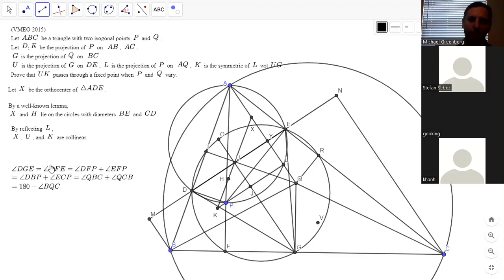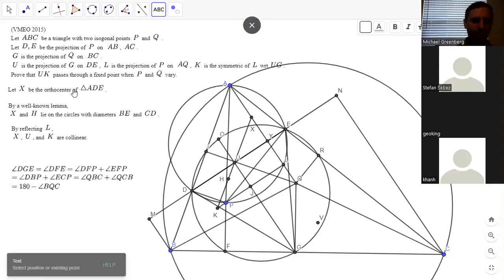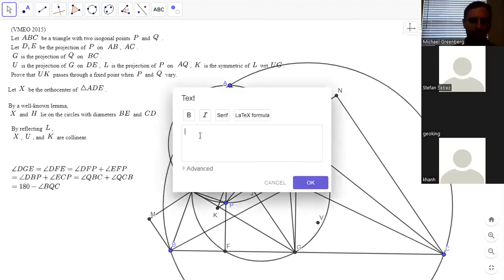And then once we know that, it's just true by similar triangles. Okay. So this implies DOE equals BQC.